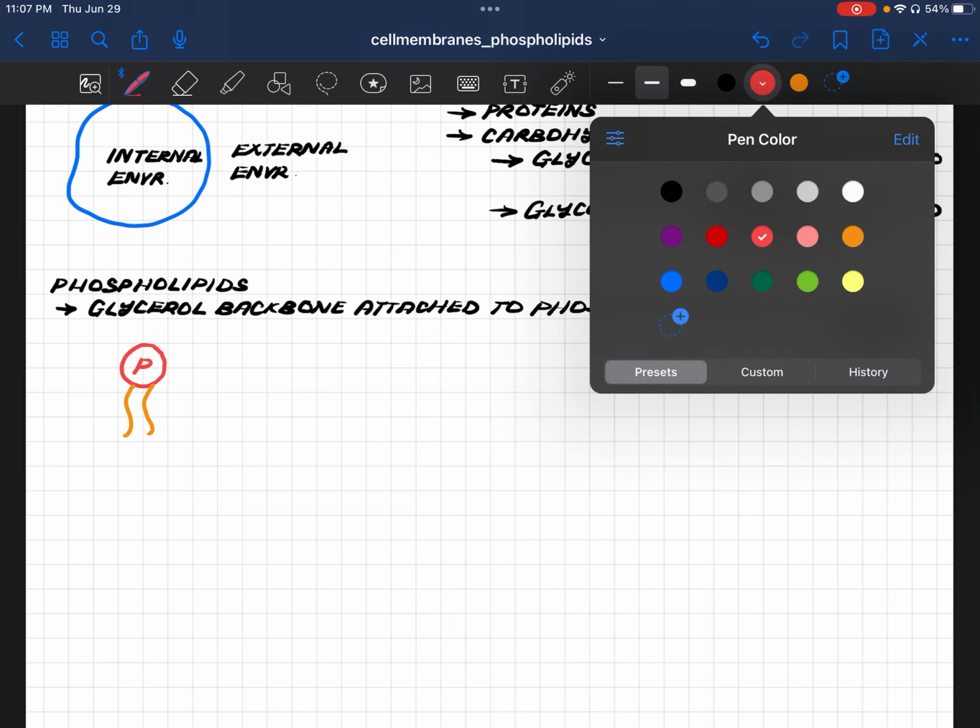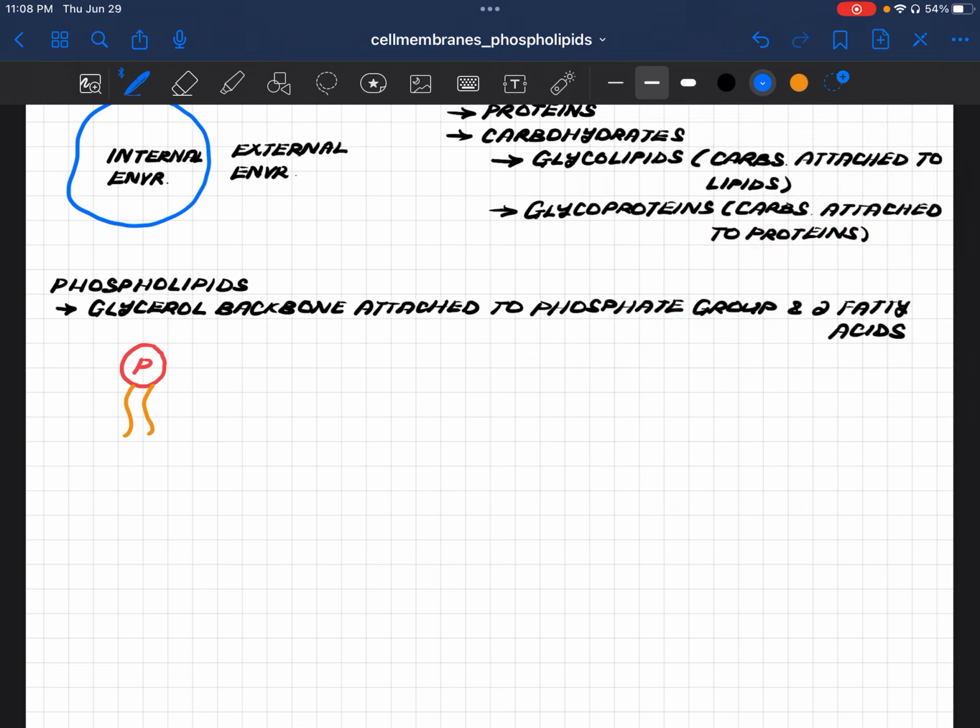Now, an important thing to note is that this phosphate group, so I'll label that as the phosphate group, is hydrophilic.